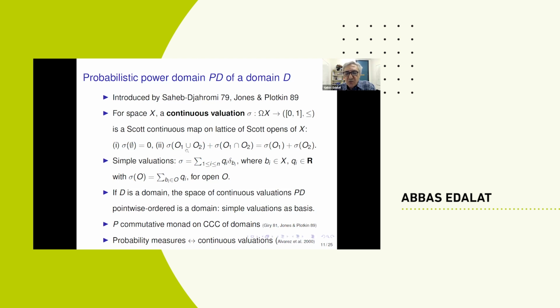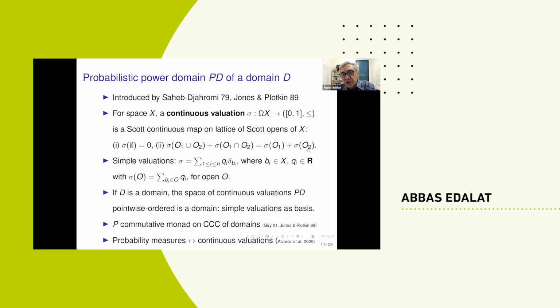But because we can't talk about the difference of open sets and all that, we can only have this axiom, which replaces the additivity axiom of probability distributions in a finite sense: the probability weight of the union of O1 and O2 plus the probability weight of the intersection of O1 and O2 is the sum of the probability weights of O1 and O2.